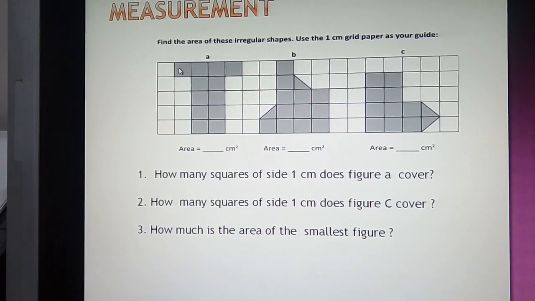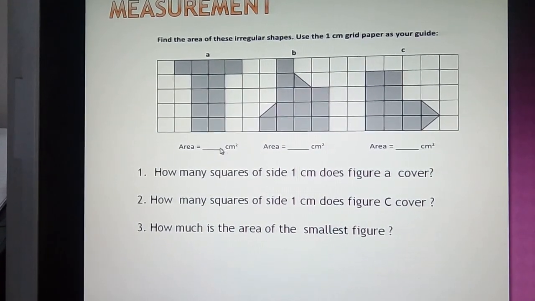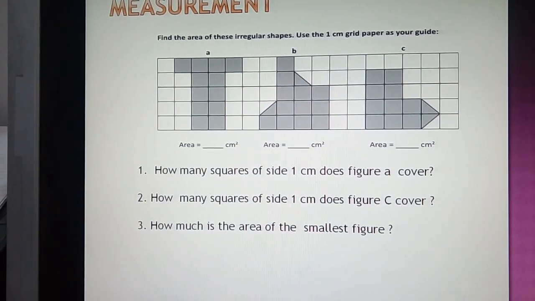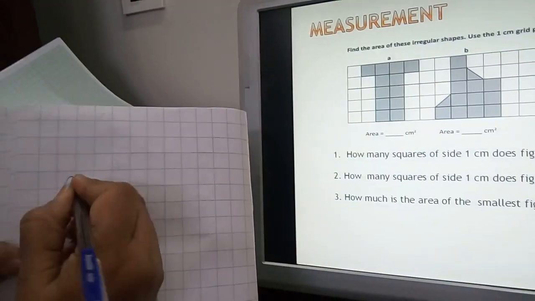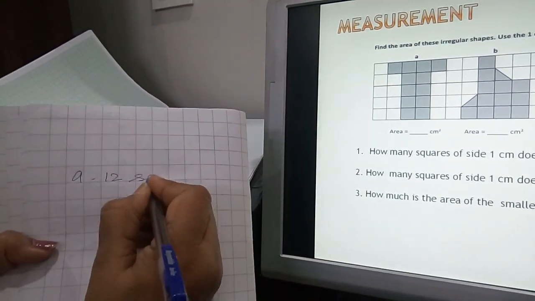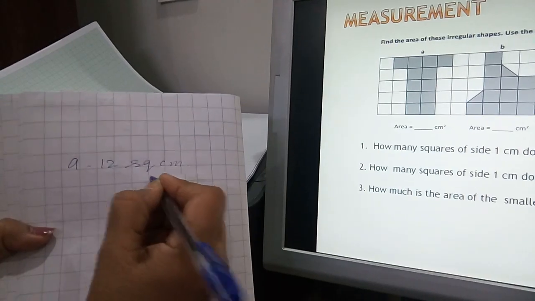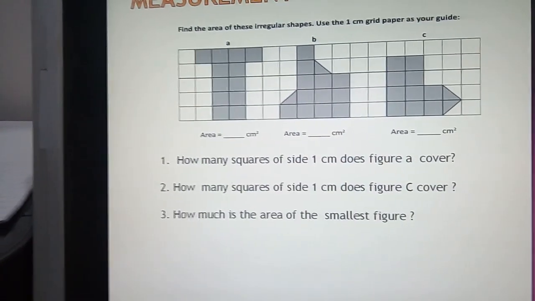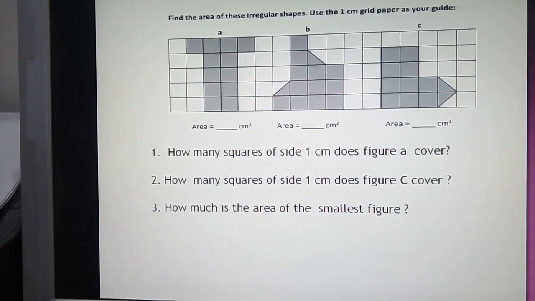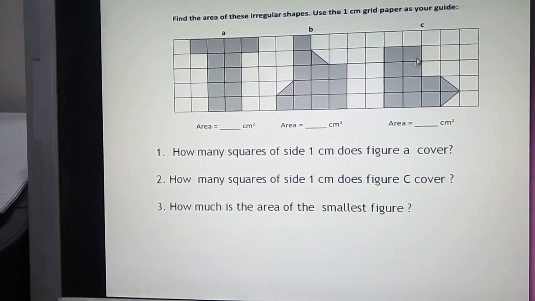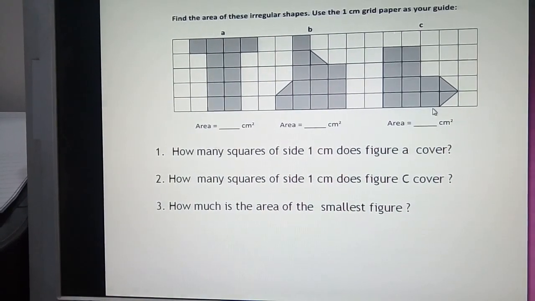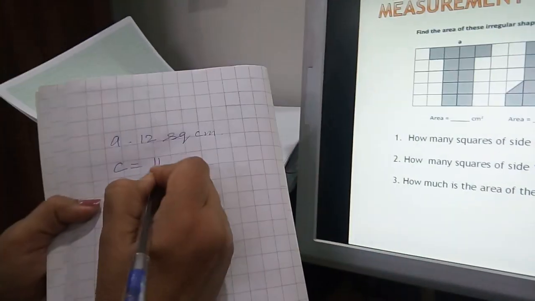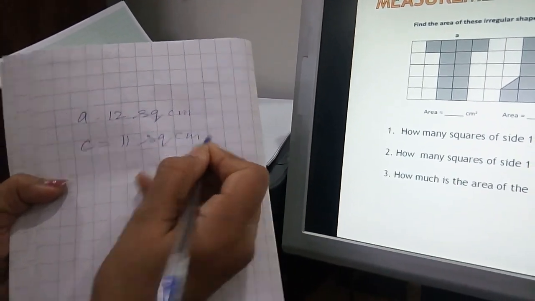So 10, 11, 12. 12 square centimeter, right? We can write like this also, okay? Question number 2, how many squares of side 1 centimeter does figure C cover? So C, 1, 2, 3, 4, 5, 6, 7, 8, 9, 10 and 11. So C is equal to 11 square centimeter.